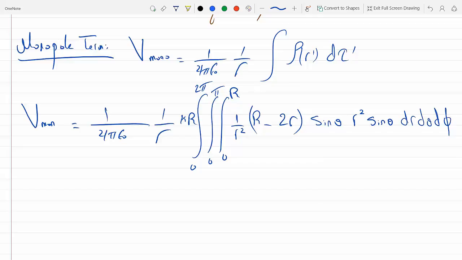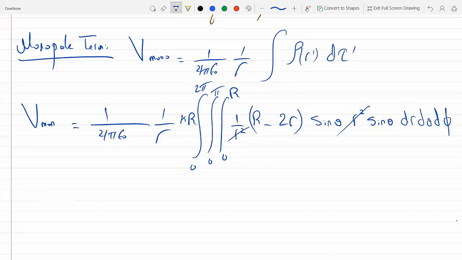But let's do the r integral separately just to see what we get, because I have a feeling here. The 1 over r squared, oh yeah, we could cancel this with this. Okay, so good.